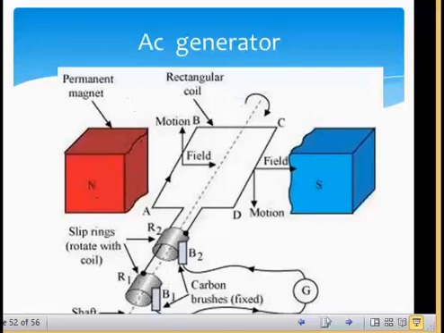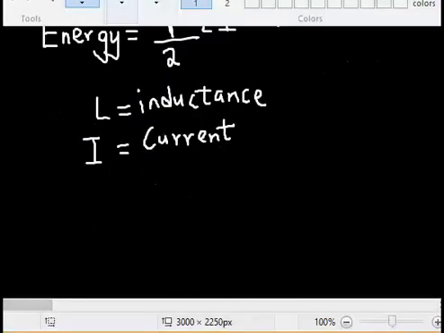And of course, for an AC generator, let's go to my board so that you know. As the coil rotates, EMF is being generated. The EMF varies according to the position or the angular rotation of the coil.